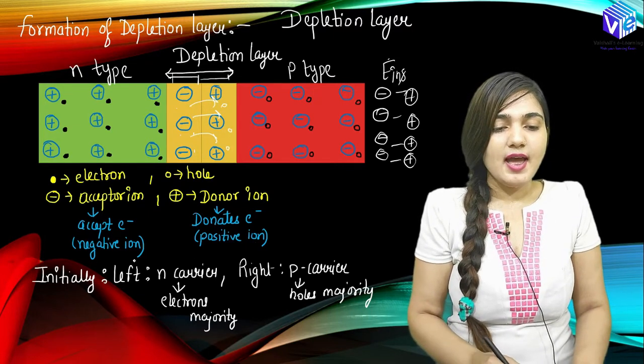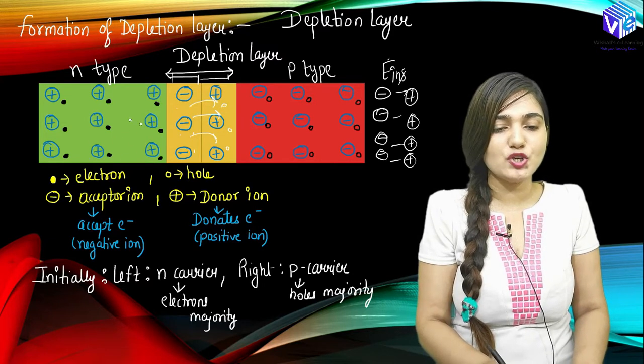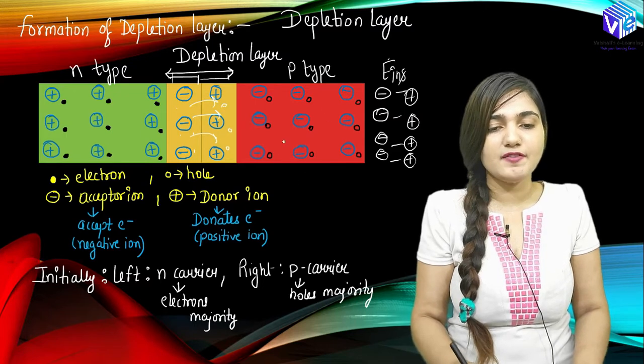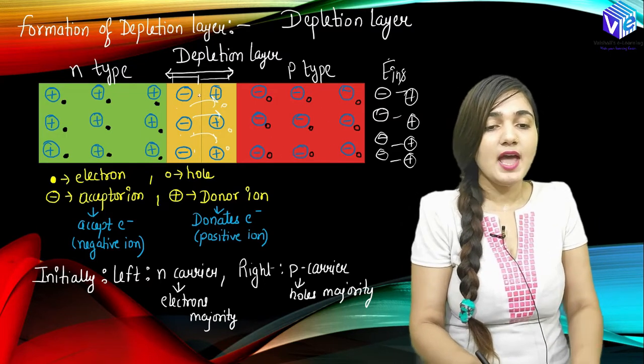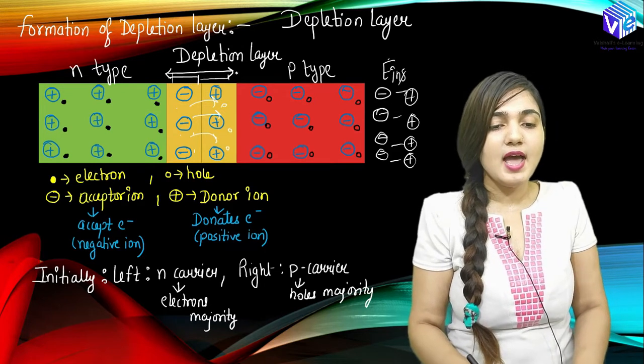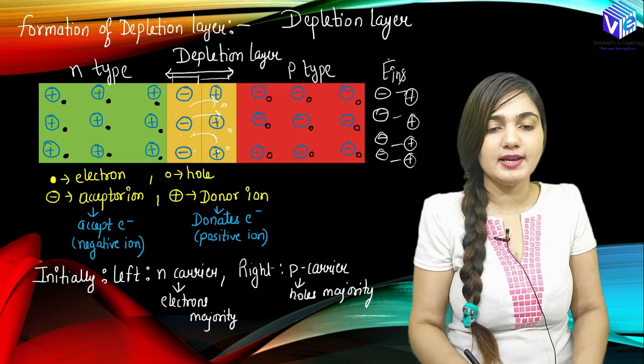Initially at the left side we have N type carriers, the majority being electrons, and at the P side the majority being holes. At the depletion region we also have excess electrons and holes, which combine across the depletion layer width.